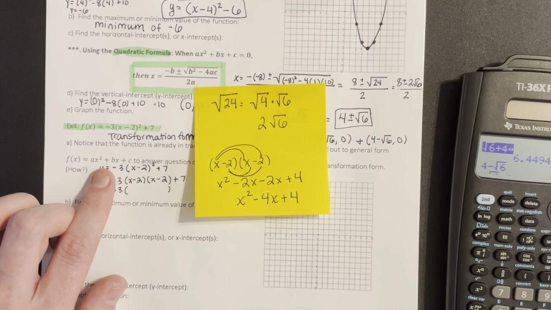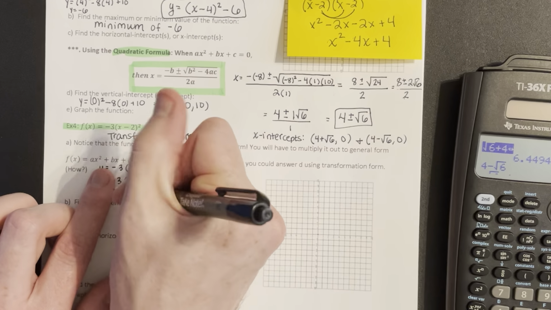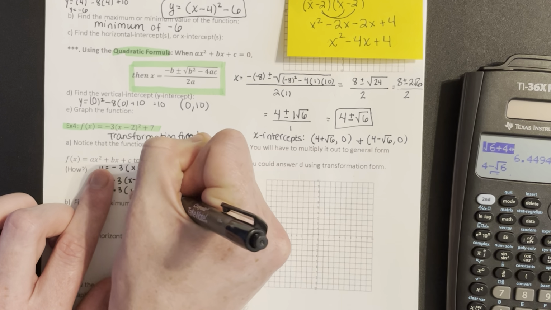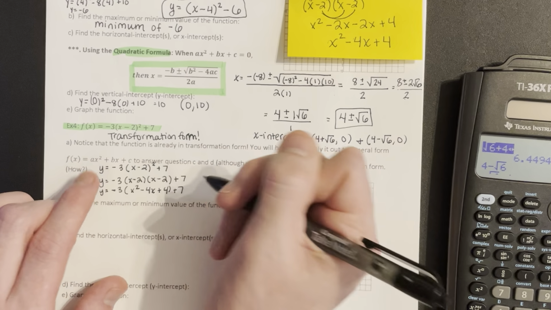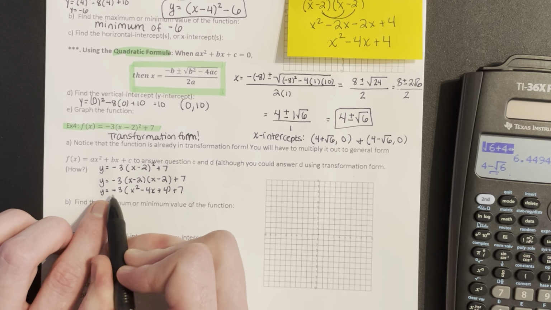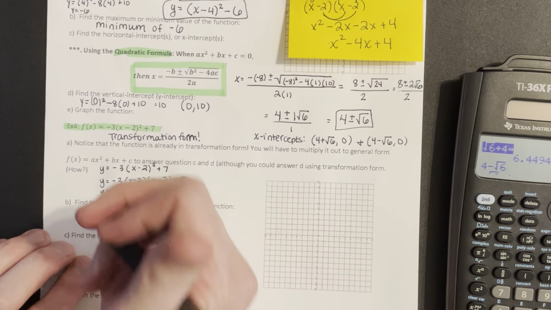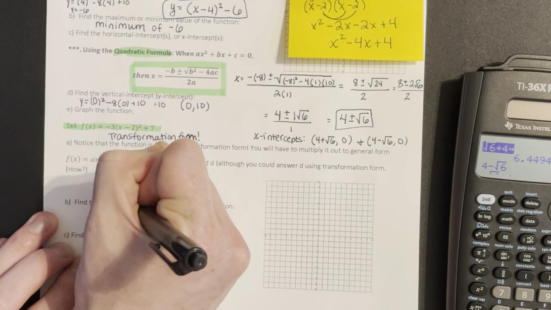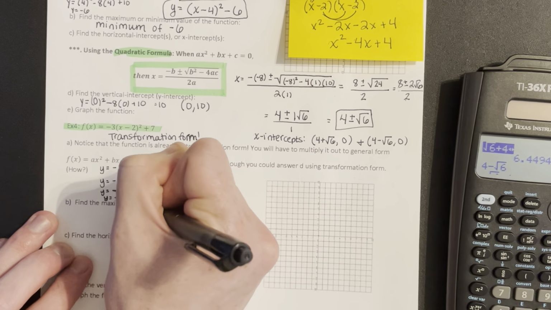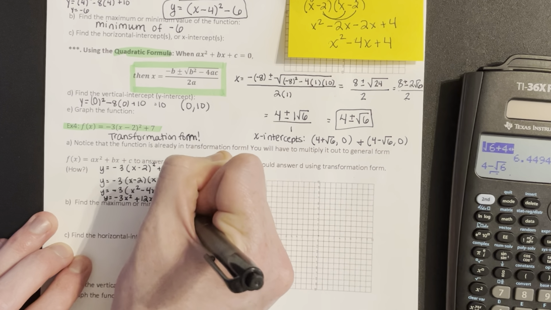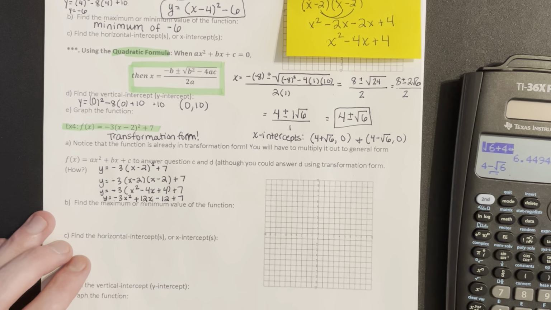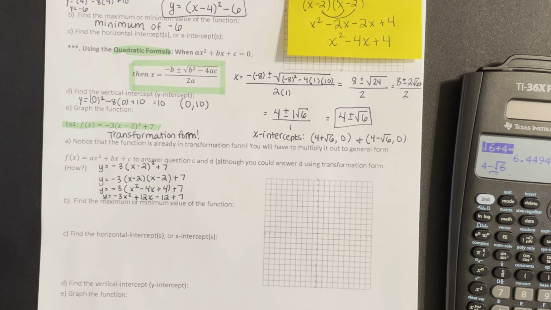So that's what we're doing right here in this multiplication step. But we have to multiply or distribute a negative 3 to everything as well. So that'd be a negative 3x squared, a positive 12x, a negative 12, and then we still have that plus 7 on the end.